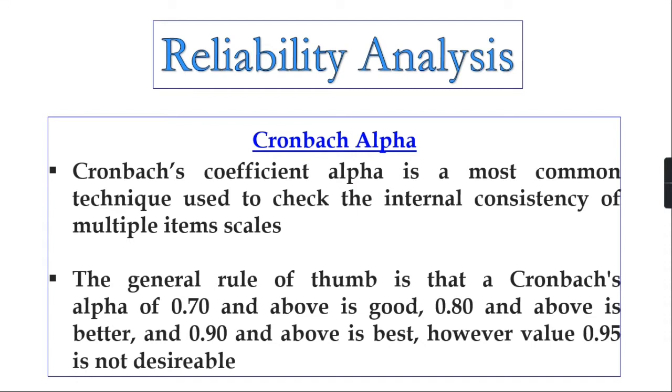However, a value of 0.95 is not desirable because it is very near to 1. So these are the three different methods that we utilize to perform reliability analysis in Smart PLS3.